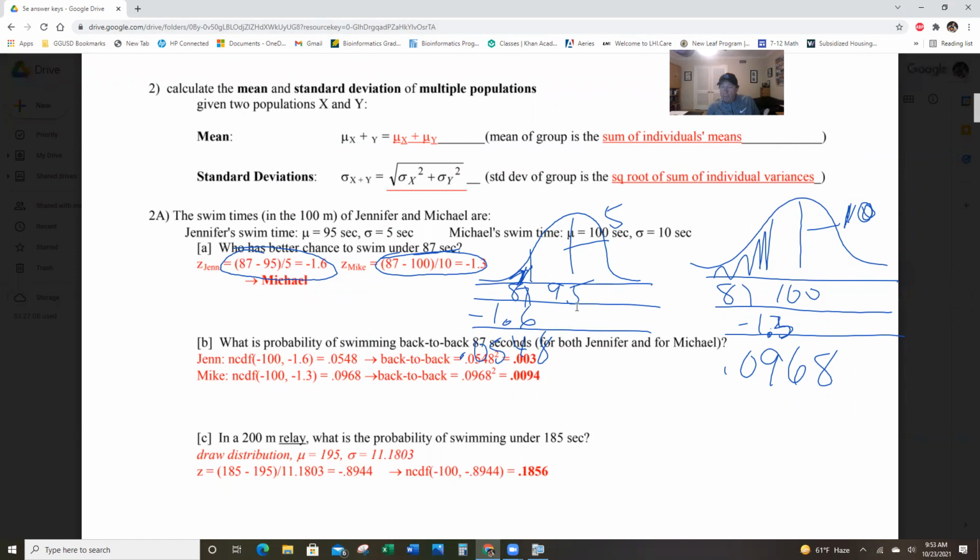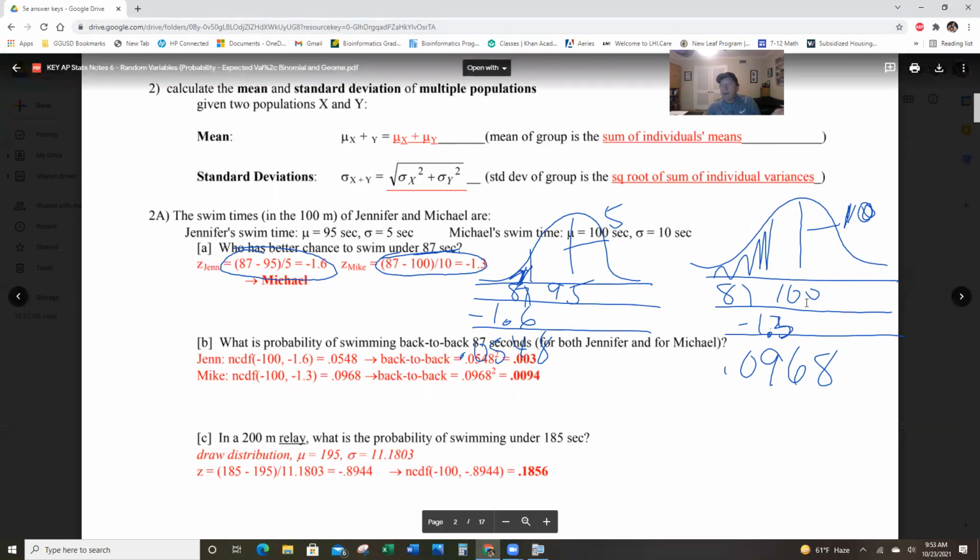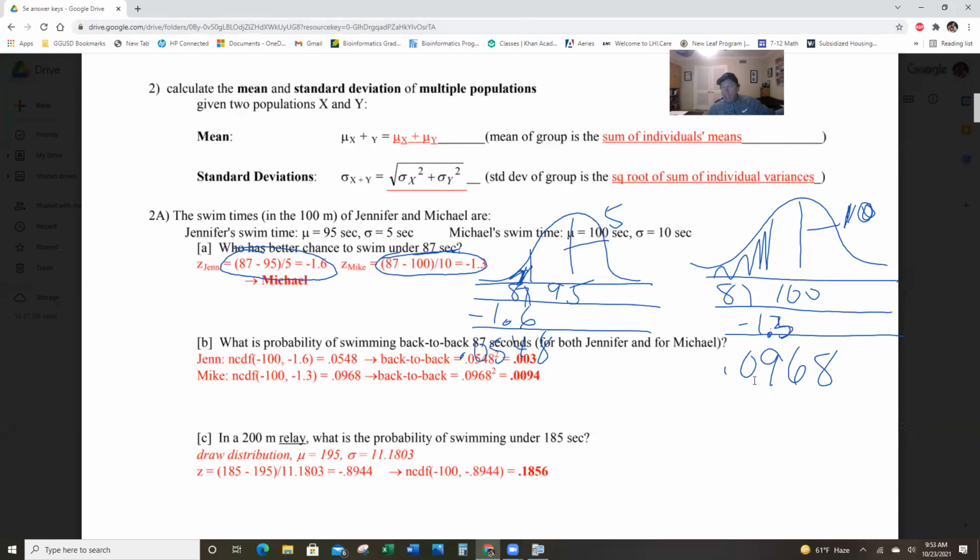She's quicker, because we want a low score, 95 seconds compared to 100. She's typically 5 seconds better. But because Michael is so inconsistent, his standard deviation is double Jennifer's, he actually has a better chance of doing really good. He also has a better chance of doing very poorly. So that's kind of a cool prompt.